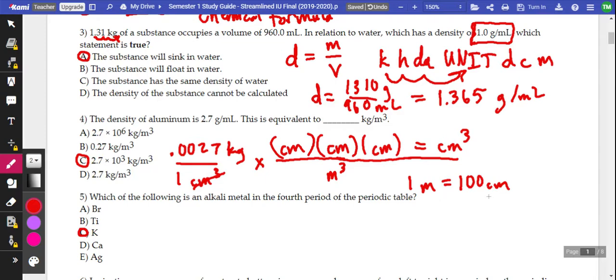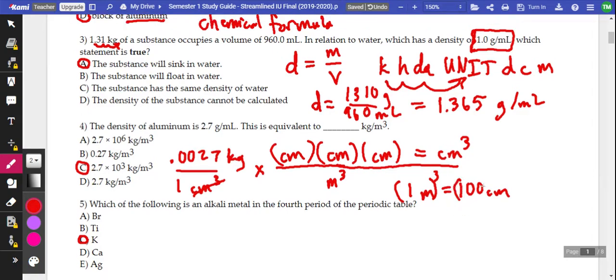So a meter is 100 centimeters. So if I wanted to know what a cubic meter is compared to a cubic centimeter, well, 1 meter times 1 meter times 1 meter, 1 meter cubed is just 1 meter cubed. But taking that 100 centimeters and cubing it gets me something different.